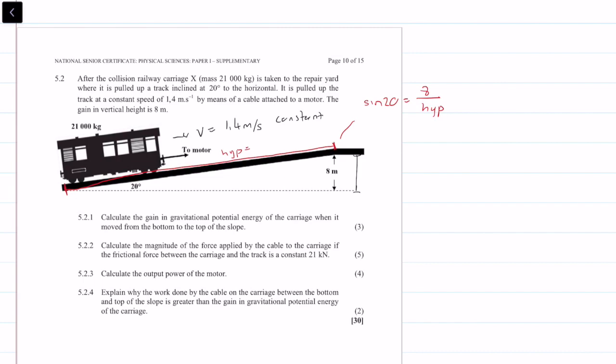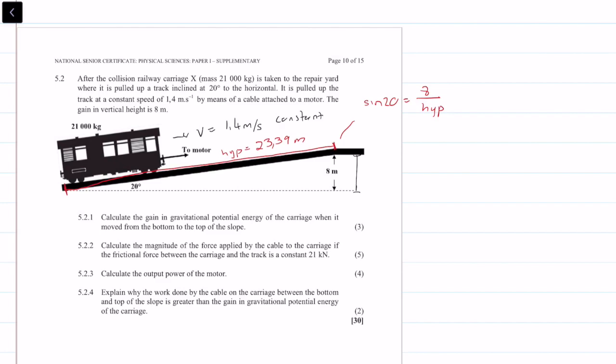So the value of that is going to be equal to 23.39 meters. I don't know if that's going to be useful, but it is a piece of information that I can get very easily, so I might as well just do it, and it takes me very little time.